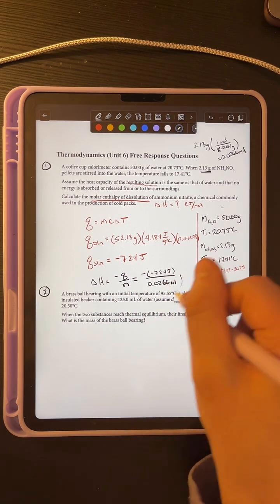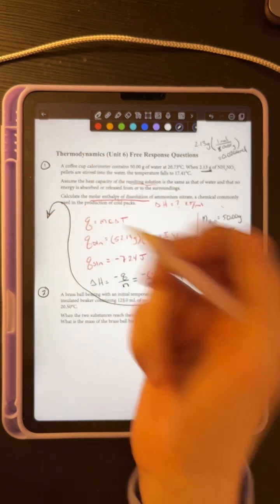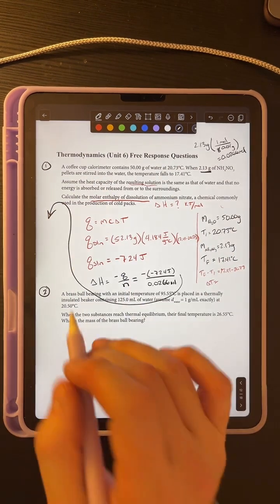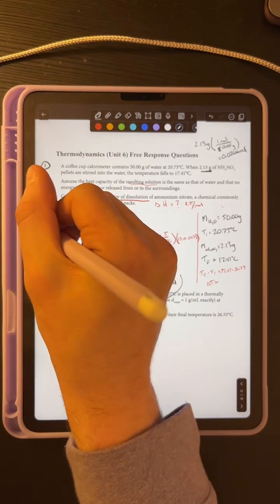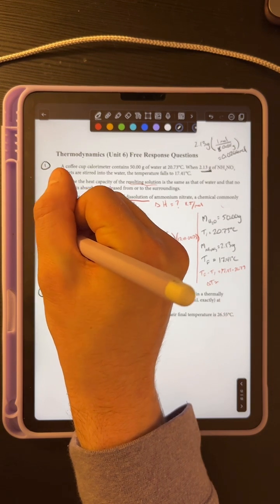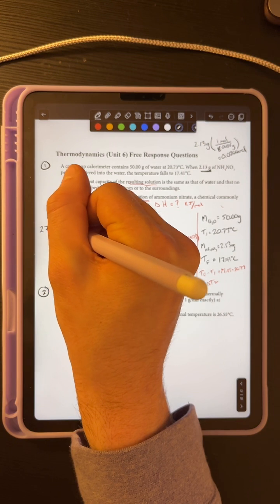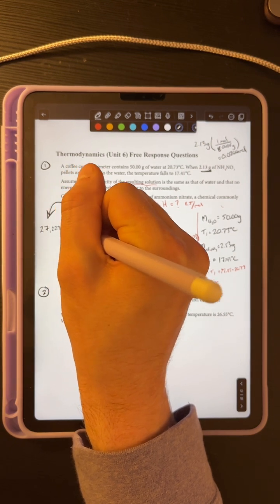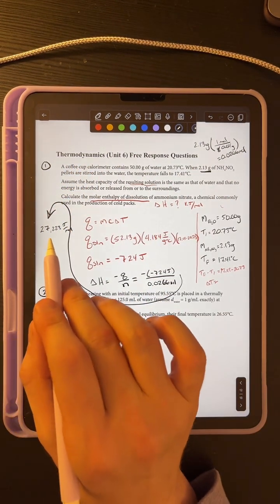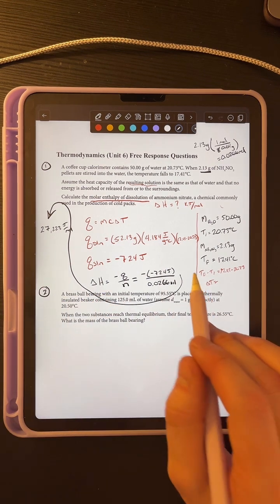I'm sorry, it's kind of all over the place, but we end up getting a value of 223 joules per mole. Now that would be an okay value for you to do for a free response.